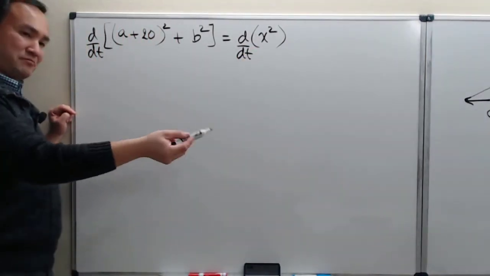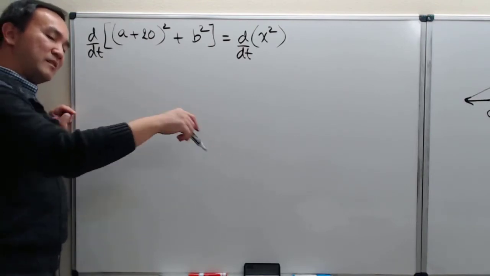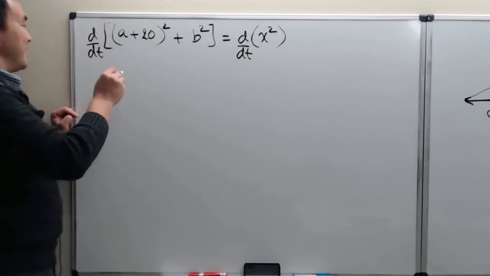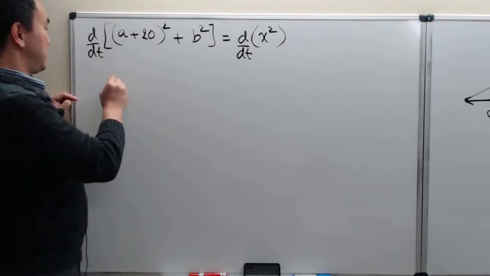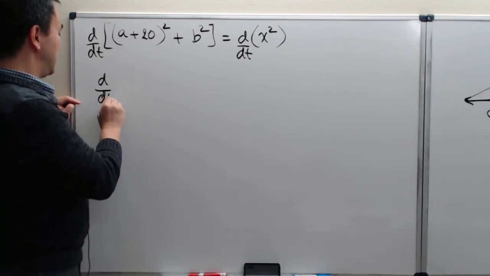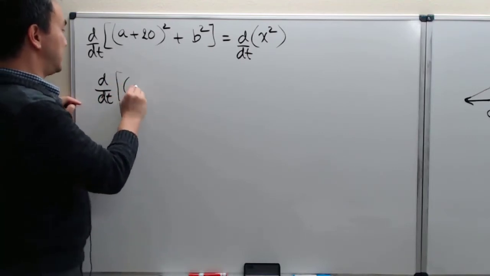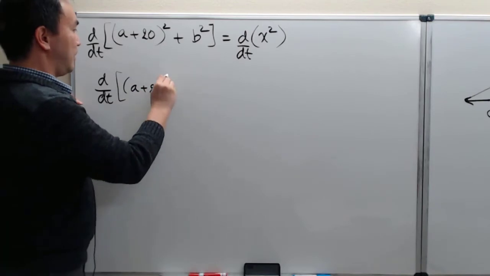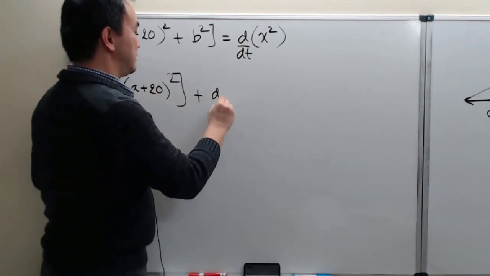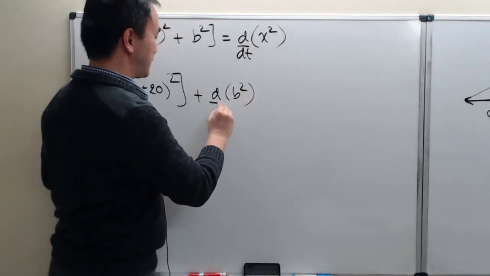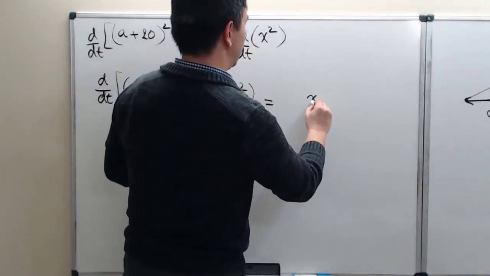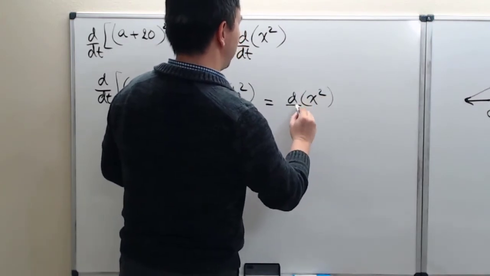And so now the process that we've learned back from the general lecture regarding related rates is here. So now I'm going to need to differentiate in terms of t this first term, (a + 20)². Okay, and I need to also differentiate the b² term, and I also need to differentiate the x² term, and so far I already wrote that notation.